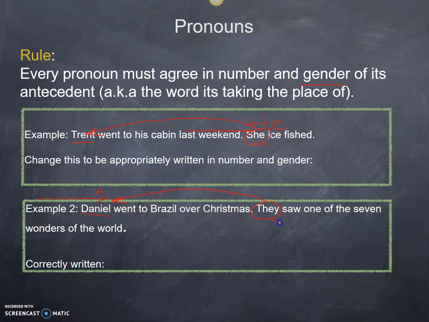They refers to multiple people. Okay, so this does not match number. So we would have to change this pronoun and make it he saw one of the 7 wonders of the world. So Daniel went to Brazil over Christmas. He saw one of the 7 wonders of the world.